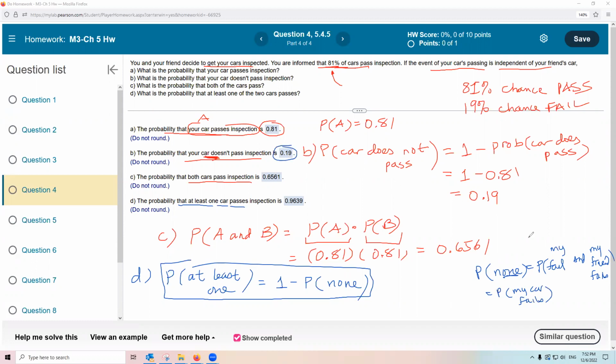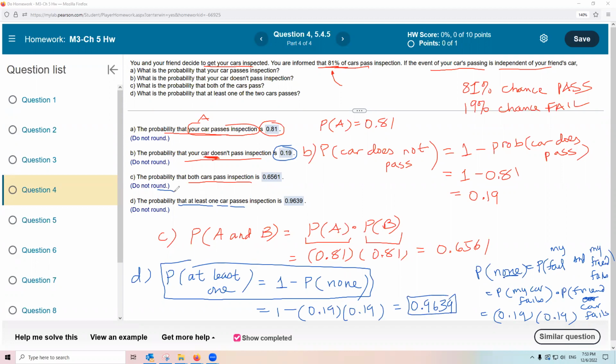We worked that out here in part B. But the probability that my friend's car fails is also 0.19. So this is going to be 1 minus 0.19 times 0.19. If you work this on your calculator, you get 0.9639.